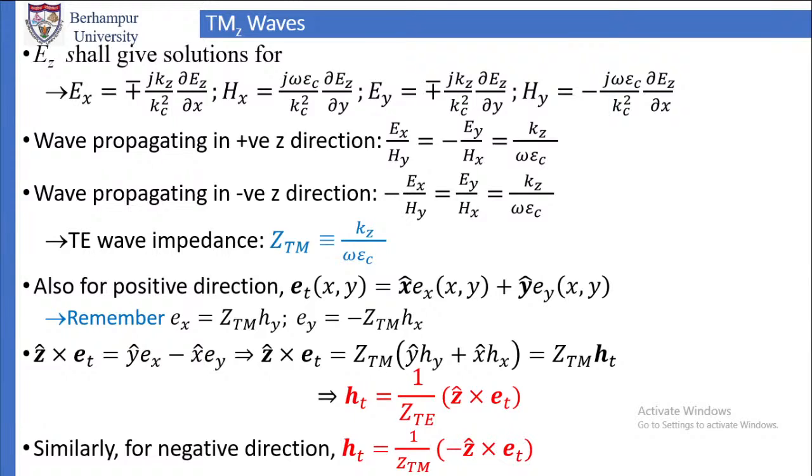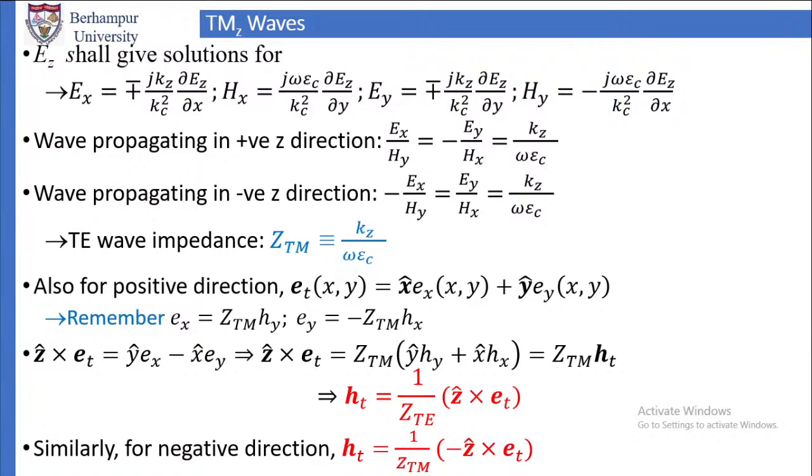Here again for the positive direction we have E_T, the transverse electric field, except the z variation. Considering the variation in x and y, E_T(x,y) will be x cap Ex plus y cap Ey.